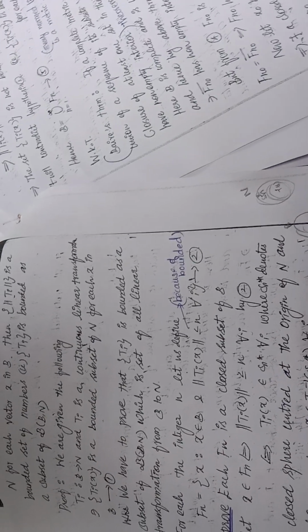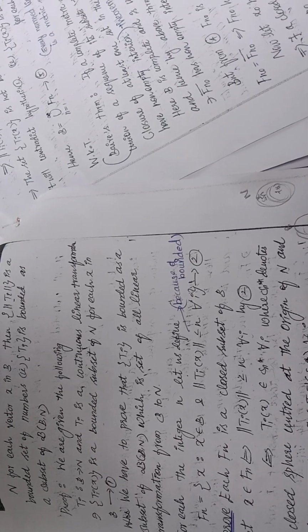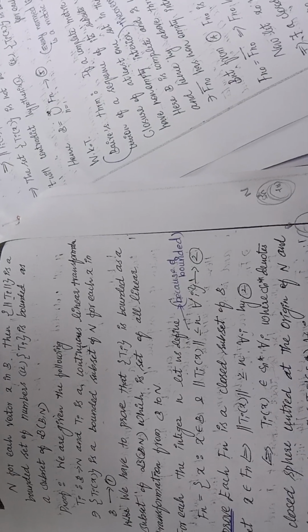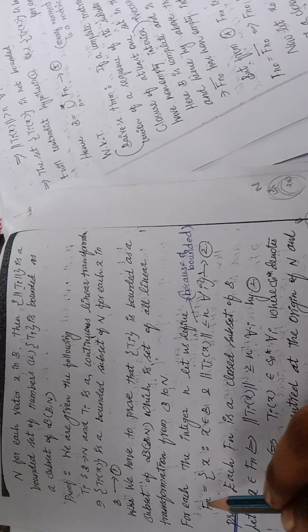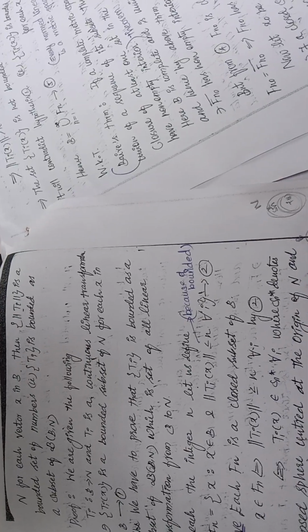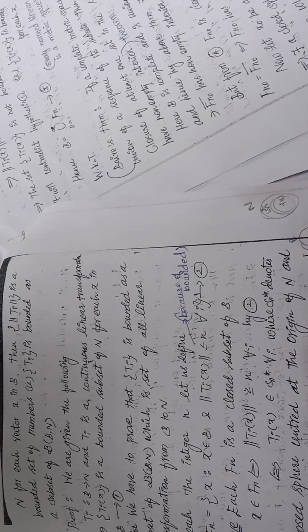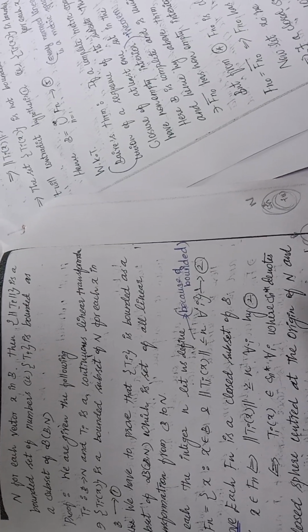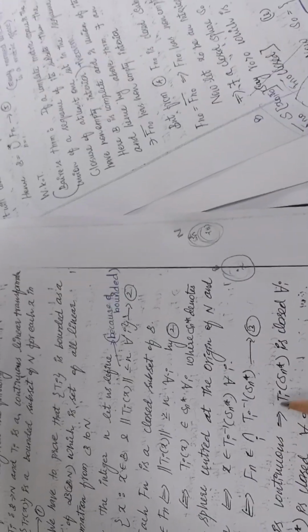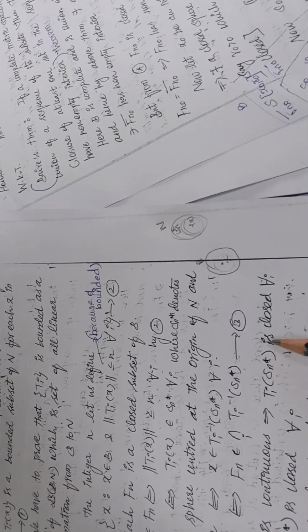So definitely x belongs to Fn means Fn is contained in the intersection of some closed sets. Each Ti is continuous, so Ti inverse of Sn* is also closed.